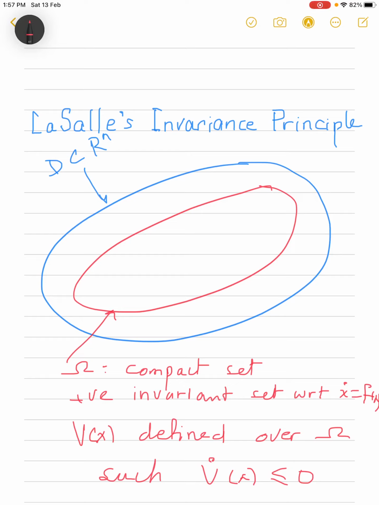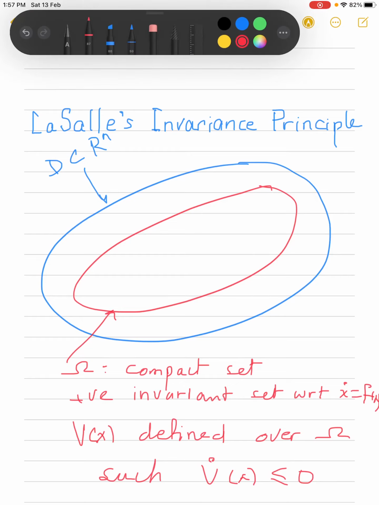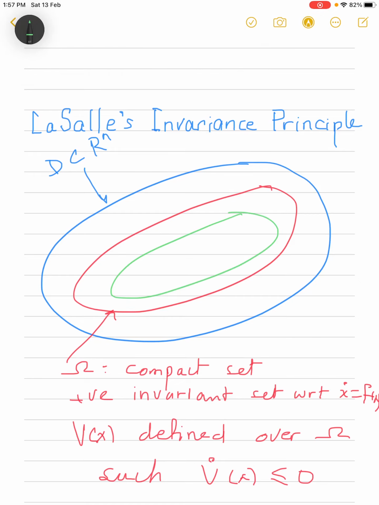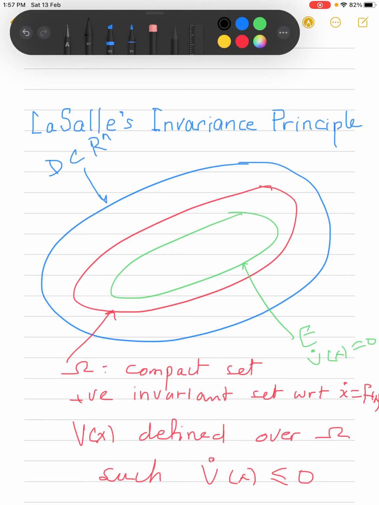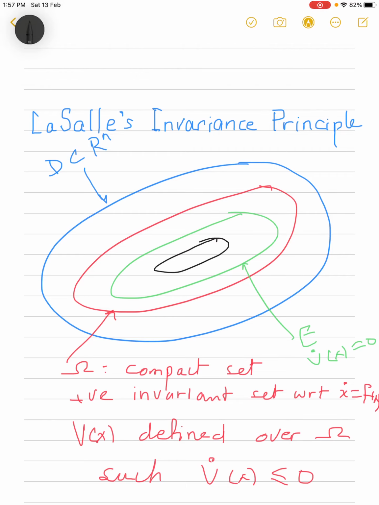Now within omega, we define a region. I'm going to call that region E. So within that region, we will have v dot equal to 0. And inside that region, I'm going to define another region. I'm going to call that region M, which is the largest invariant set within the domain.